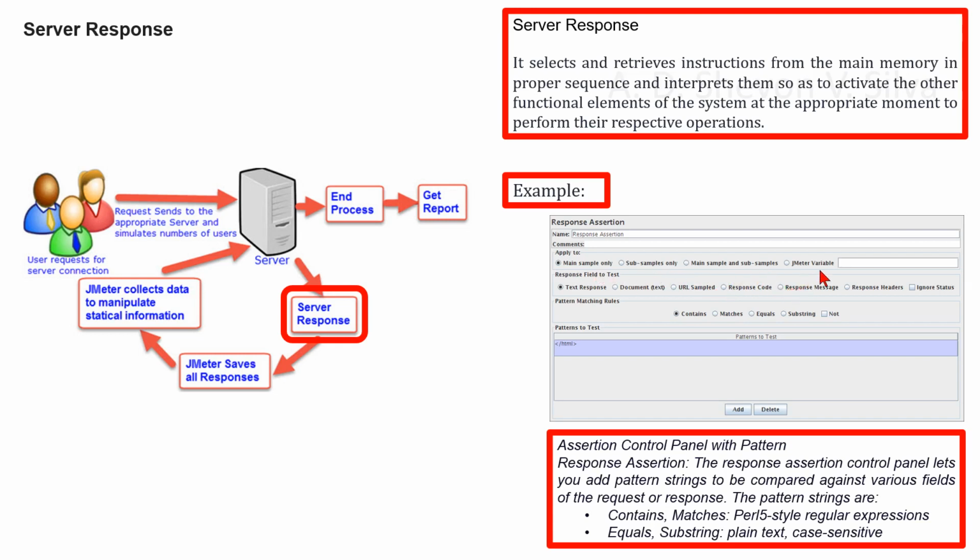JMeter variable name to use: the assertion is to be applied to the content of the named variable. This attribute is a required attribute. Here you can see the field to test, which instructs JMeter which field of the request or response to test. Text response is the response text from the server, that is the body excluding any HTTP headers.